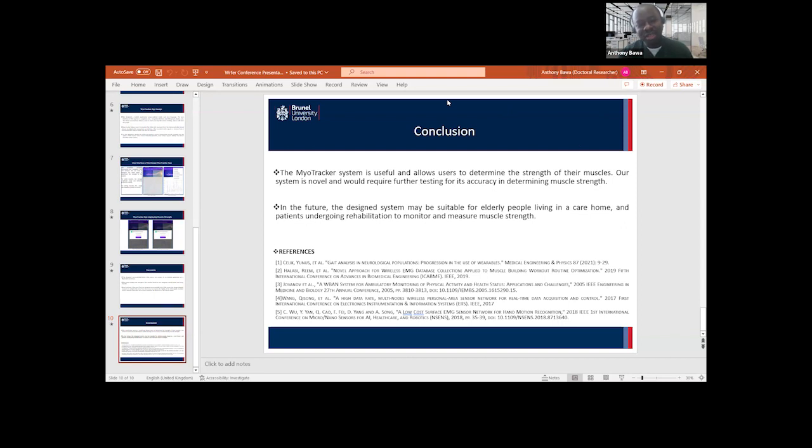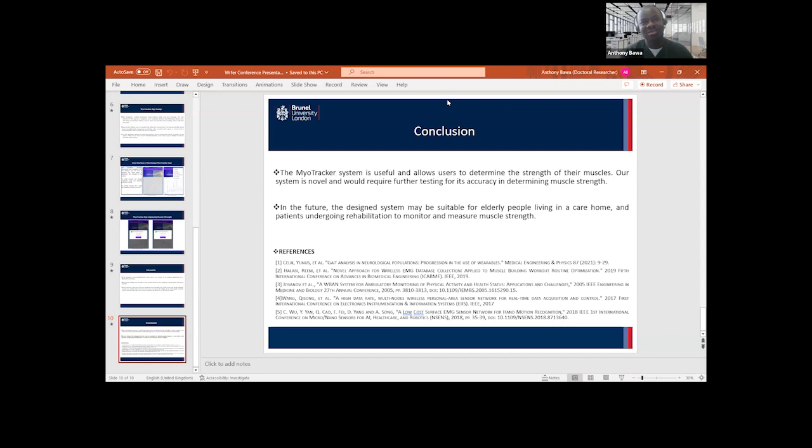And the novelty, like I mentioned, is that with this sensor, we want to be able to set this parameter to determine the muscle strength. The standard EMG sensors just allow you to measure muscles, but they are unable to interpret it. For example, just like the blood pressure apparatus, able to measure your BP and give you a reading, we realize that there's nothing like that when it comes to measuring muscles.